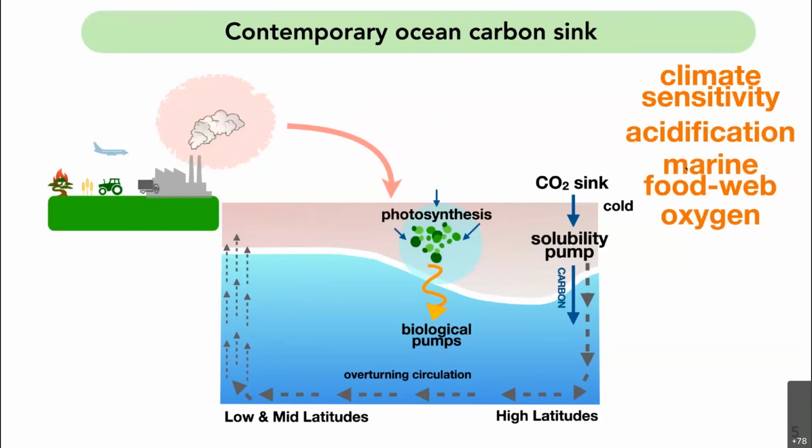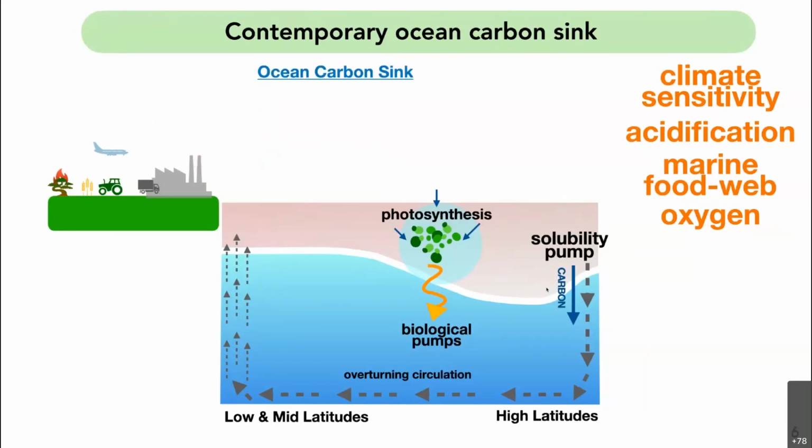And then the function of the marine food web, as well as ocean deoxygenation, is also tied to the biological and physical carbon pumps. A lot of scientific effort has been put into understanding how the ocean carbon sink has evolved over the historical period, as well as predicting how it will evolve in the future.